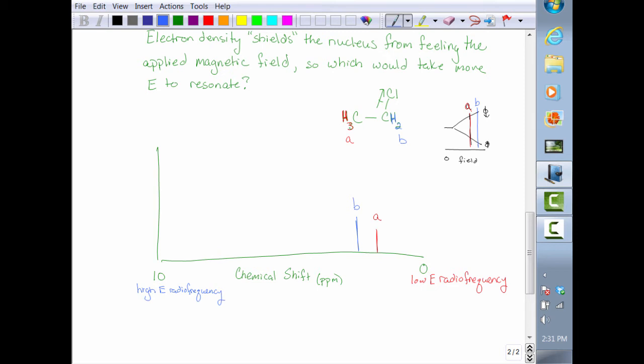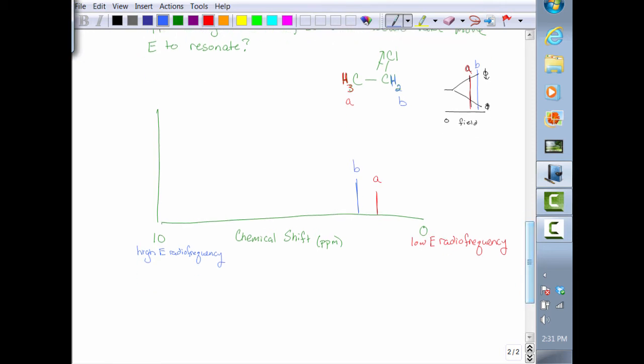So I can label my x-axis here with the energy of the radio frequency, but I can also relate this to shielding. Down at the low energy radio frequencies, on the right-hand side, I actually have highly shielded things, or we can say this is high shielding, things that have lots of electron density.